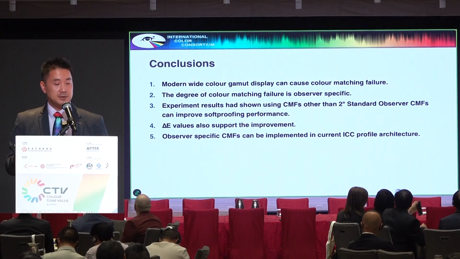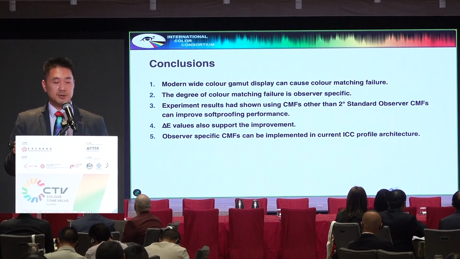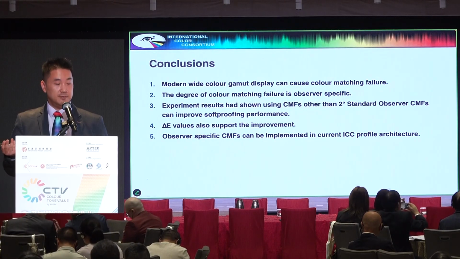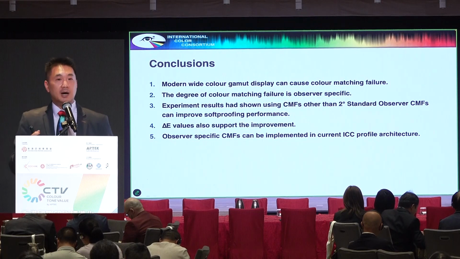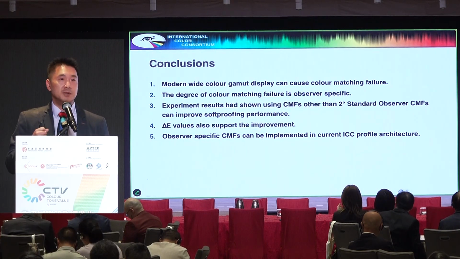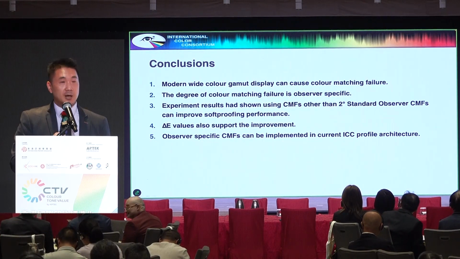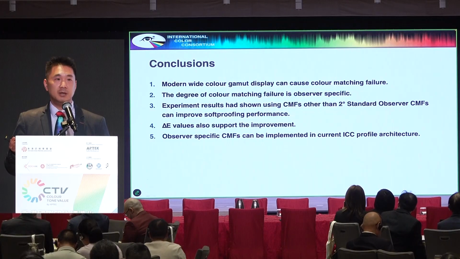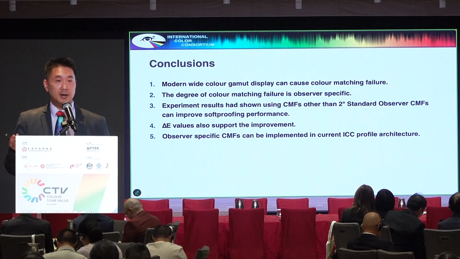The experiment results show that color matching functions other than 2 degrees can be a better match in the softproofing scenario, and delta E values also support the improvement. That's why the ICC Max architecture now supports individual color matching functions, and it should be widely adopted.